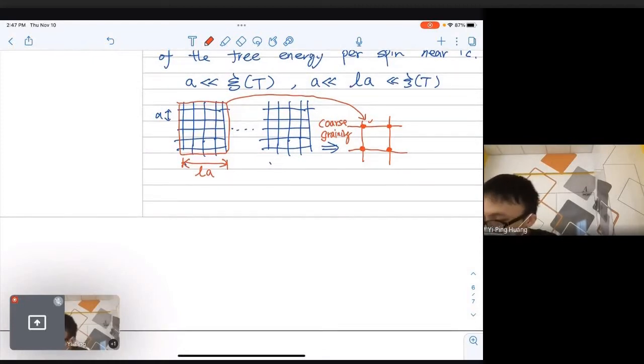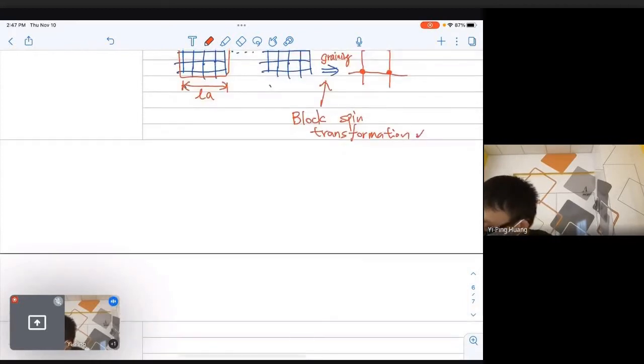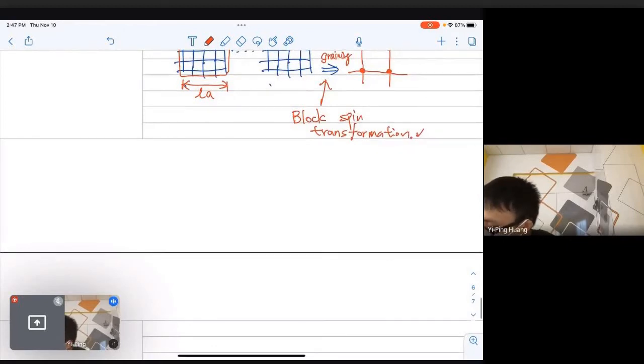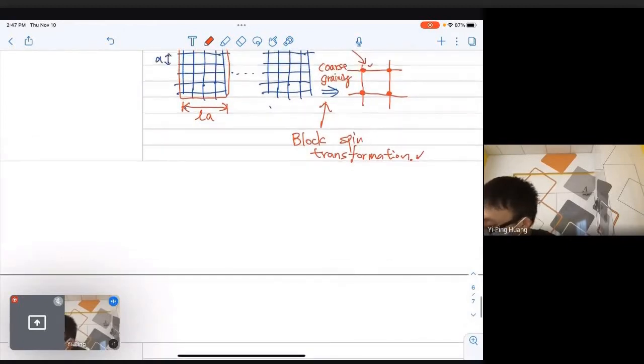So this coarse graining has a name. It's called the block spin transformation. And I will try to make this block spin transformation mathematically precise from now.